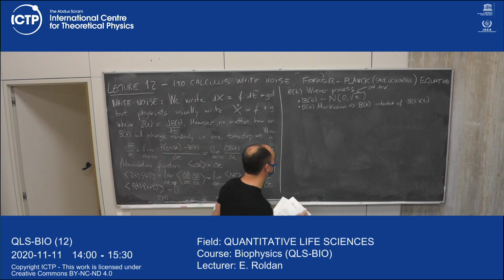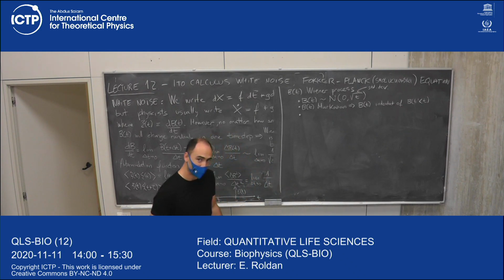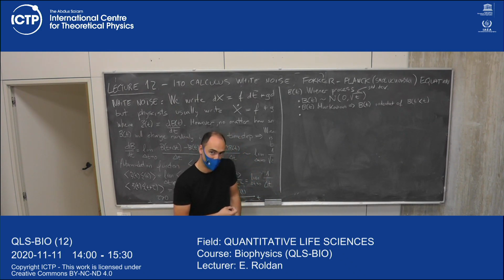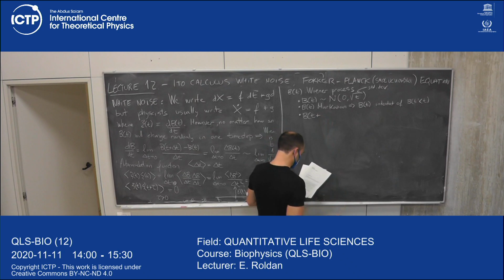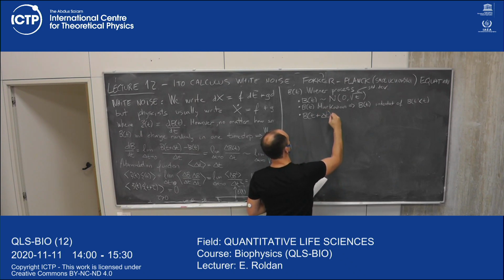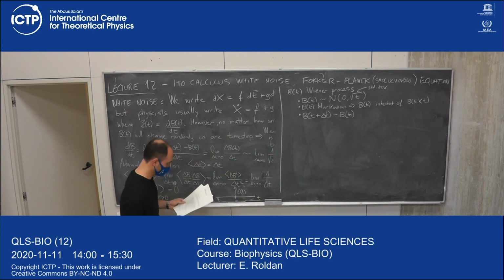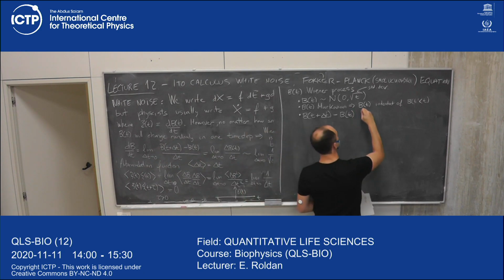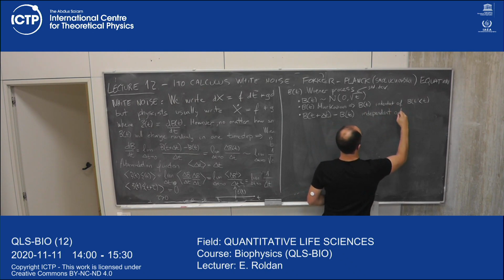The third is that the increment of W of t is independent of its current value. So how much do I jump is independent of where I am. So the jumps are like random numbers, IID, so it doesn't matter. So it means that B of t plus delta t minus B of t, this is how much I jump at time t, is independent of B of t.